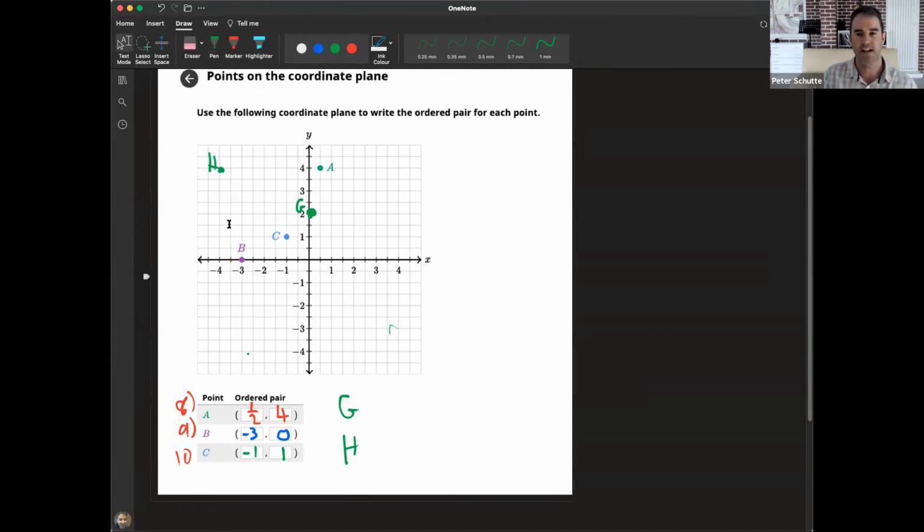So if you could just write the coordinates for that in the chat, what you think the answer is for that. Okay. Give you a moment more, and then we're going to move on.